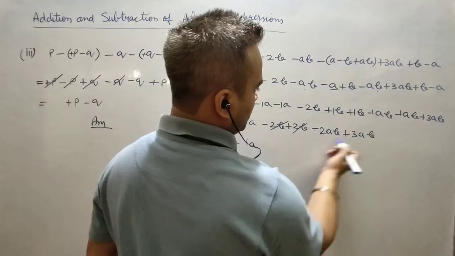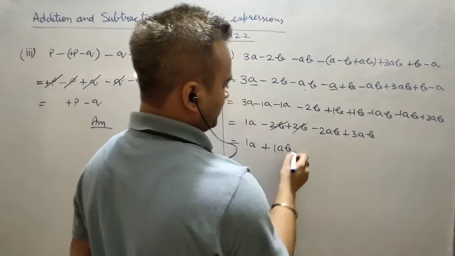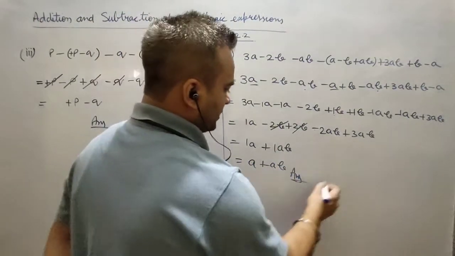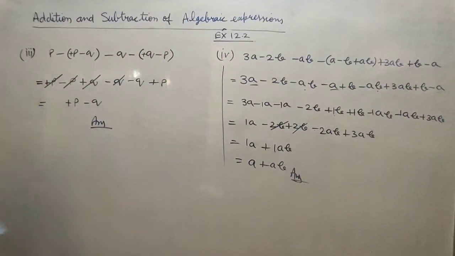So minus 2 plus 3 is plus 1ab, and there is no need to write 1. So you can leave your answer like this. So a and ab, you can see they are unlike terms. I hope this particular part is clear to you. So do more practice for the other sums, right? And thank you so much for watching this video.